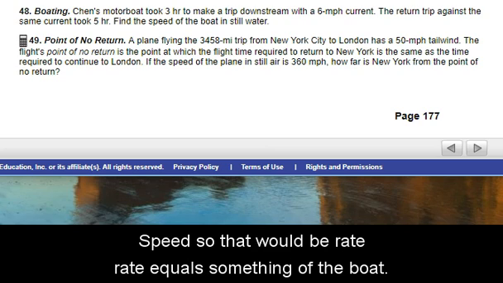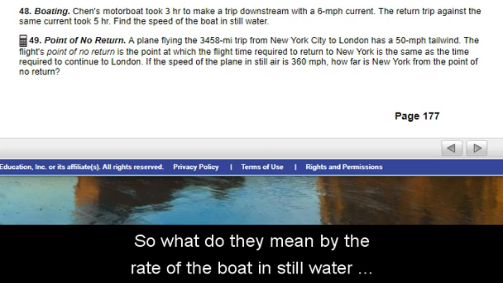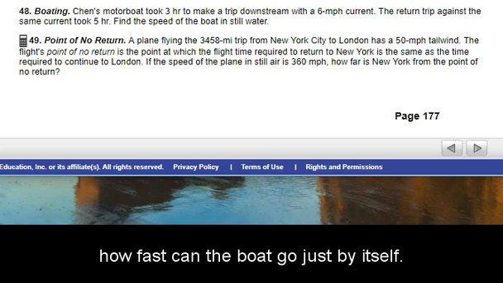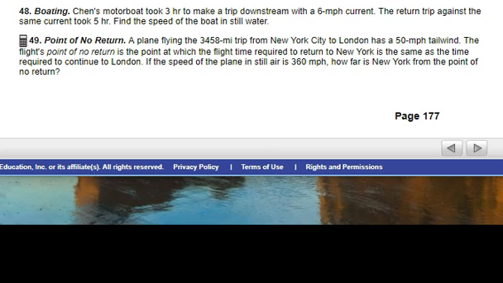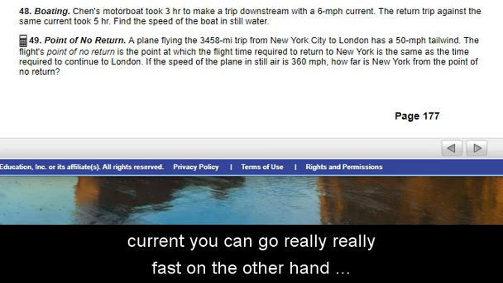Rate equals something of the boat in still water. So what do they mean by the rate of the boat in still water? When you're talking about still water, you're talking about how fast can the boat go just by itself. Think about trying to swim in a river. If you go with the current, you can go really, really fast.